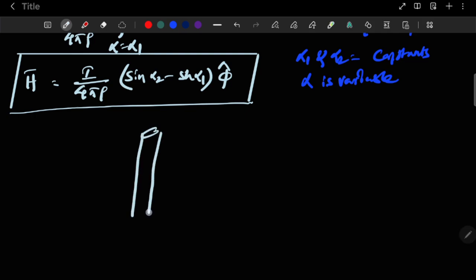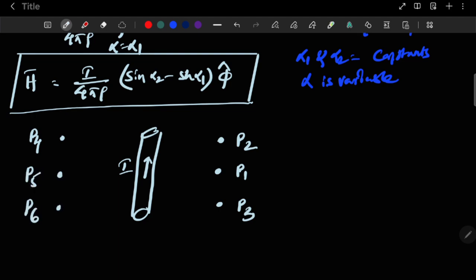If you take a finite length current carrying conductor like this, and I am taking current is going upwards, then if you check the direction of magnetic field intensity at this particular point P1, at point P2, at point P3, and also this side, that is P4, P5, P6.